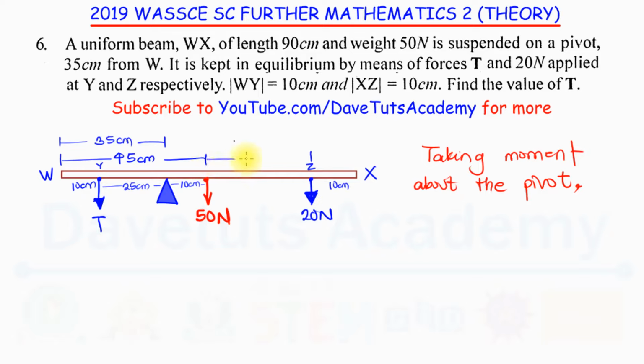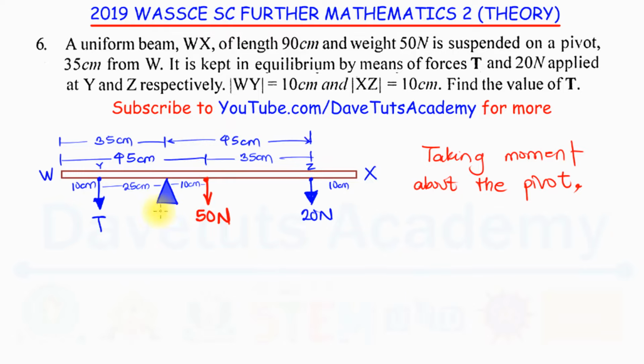So from the midpoint to Z will be 35 centimeters. Okay, so 35 plus 10, that is 45 on this right hand side. But we are looking at the distance from this 20 Newton force to the pivot, and that will be 35 plus this particular 10 that we have. So from here, this will be 45 centimeters.